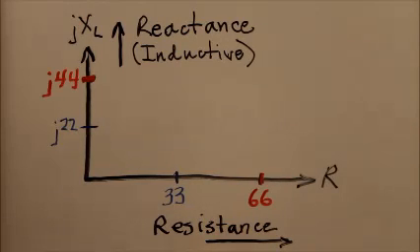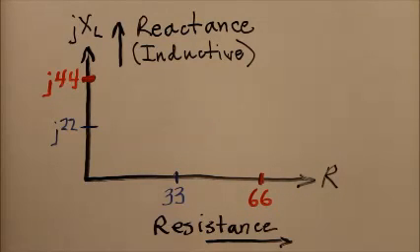Here is an explanation for the answer to question number 100, the final question in the final exam of Teach Yourself Electricity and Electronics, 5th edition. That's edition number 5.